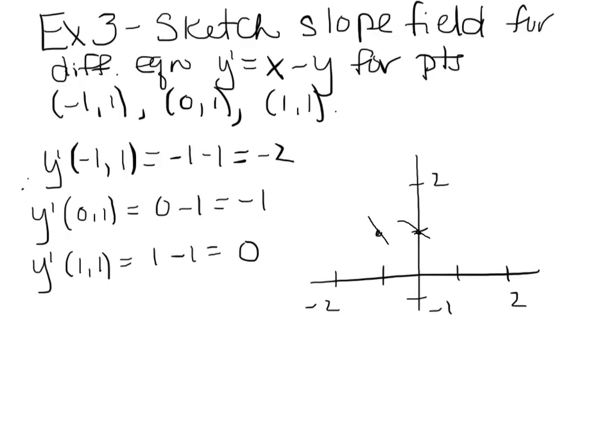So that slope might be a little bit less steep than the previous slope. And then at the point 1, 1, I see that I have a slope of 0, and hopefully by now we know that a slope of 0 is just a horizontal line. So these are the three slopes that are given at those given points there.